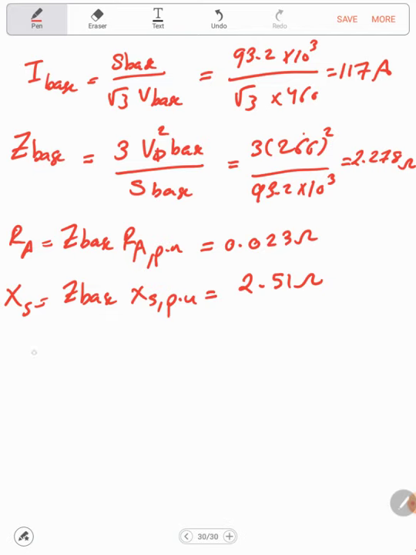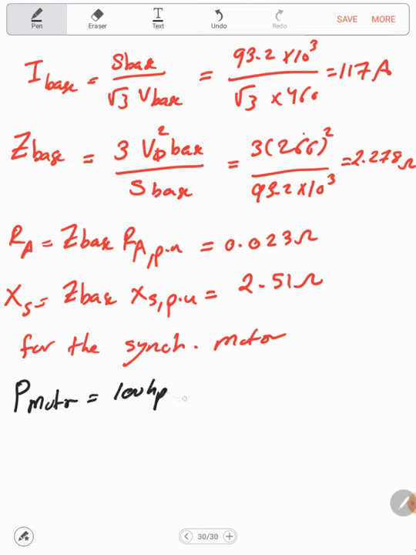Now for the synchronous motor, it's operated at rated condition, so P of the motor will equal 100 horsepower, which will equal 74.6 kilowatt, and it's operated at the rated power factor, which is 0.8 leading.